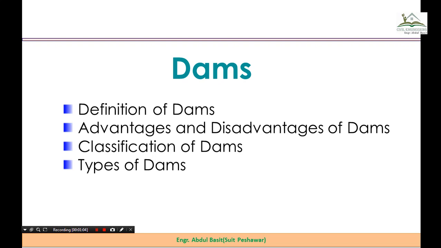It is worth mentioning that the different types of components that we discussed in the case of weirs are also applicable in dam structures, and all the components have their own function.